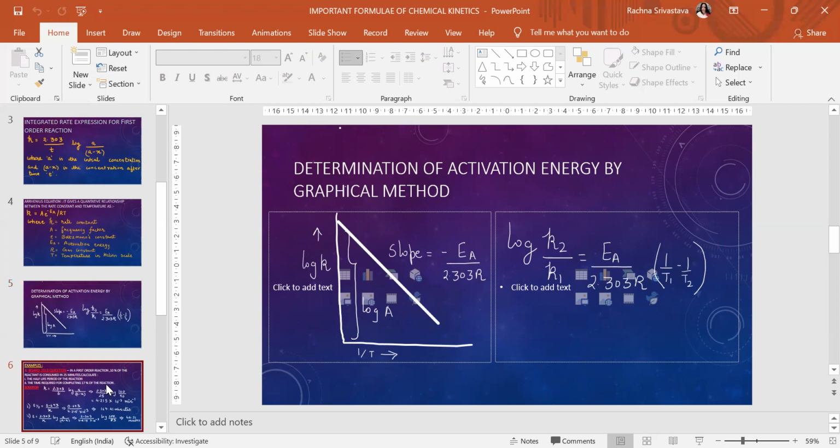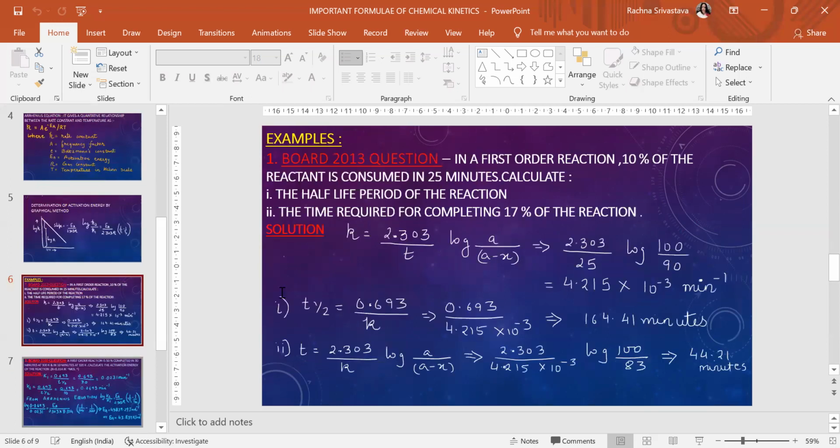Then comes the next. These are the examples which I have gathered for you all, certain important board questions. Your first example is from the 2013 board question, which says, in a first order reaction, 10% of the reactant is consumed in 25 minutes. Calculate the first part, the half-life period of the reaction.